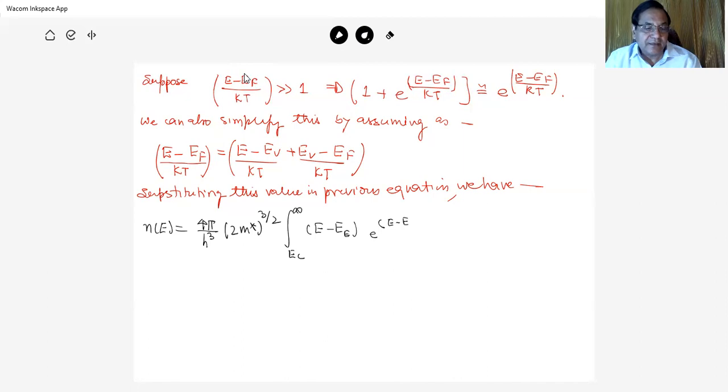This is taken out. This is EC, and here it is EF. This is the sufficient value of E, because we are moving from infinity to that particular level.